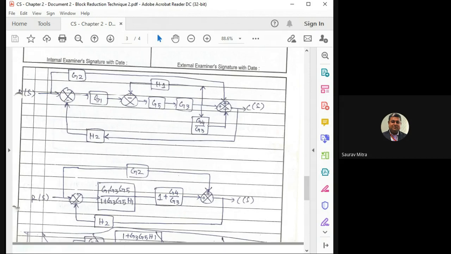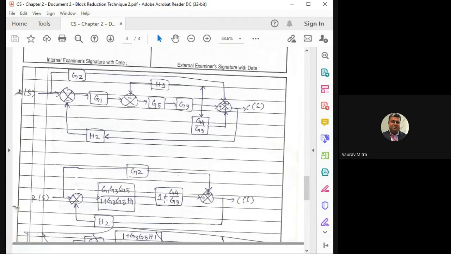And G1 is also getting multiplied with it. What we are finding is G1 into G3 into G5 divided by 1 plus H1 G3 G5. That is this part, which is nothing but this whole part. And the 2 forward paths are getting multiplied with 1 plus G4 by G3, likewise.